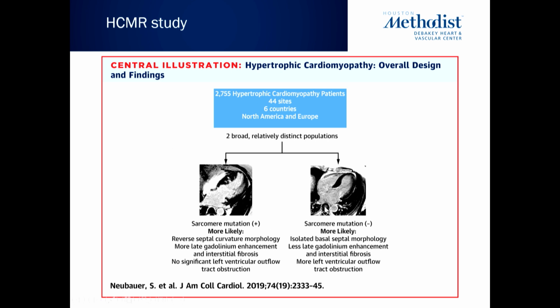They found those 2 major patterns across a large cohort in North America and Europe. And then those reverse curve patients have more delayed enhancement and are less likely to have LVOT obstruction, because you don't have that basal sigmoid septum and narrow LVOT that predispose you to having SAM.